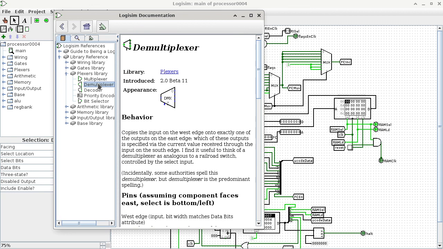Is that okay? All right, so let me ask you this question. If you have 8 inputs and one single output as a multiplexer, how many bits do you need to specify which input connects to the output? You have 8 inputs, okay? So 1, 2, 3, 4, 5, 6, 7, 8.